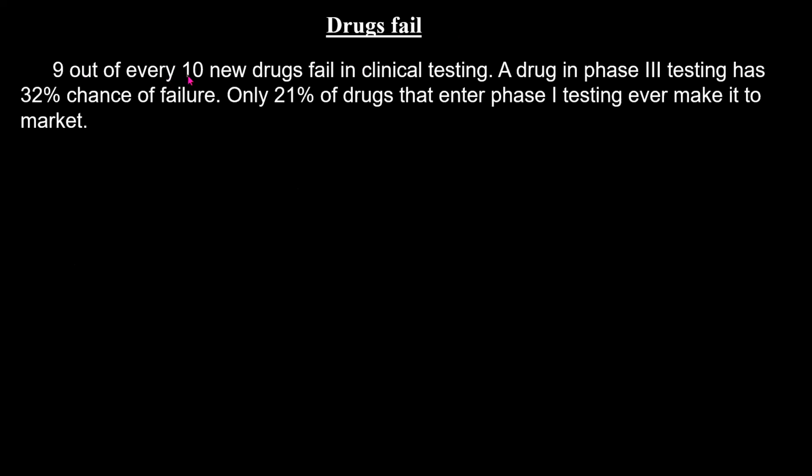You can see 9 out of every 10 drugs fail in clinical testing. 32% fail, 21% enter phase 1. Some drugs fail in phase 2, some in phase 3. So 9 out of 10. In fact, almost 94% of candidates fail.